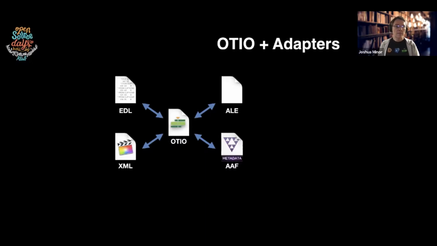So OpenTimelineIO can hold all that timeline information in a file. And then with adapters, we can convert to and from lots of other formats. Since the adapters are plugins, the system can be extended to support various common file formats in the industry, as well as formats that might be special to your workflow.